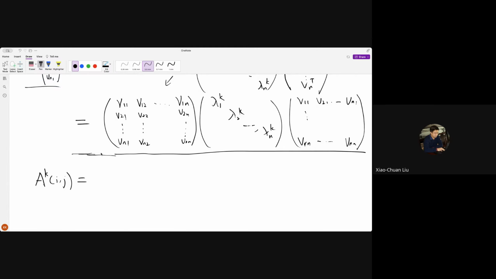For A times B, the position ij is the sum over k of a_ik times b_kj. For a product of three matrices like this, it should be a sum of three.